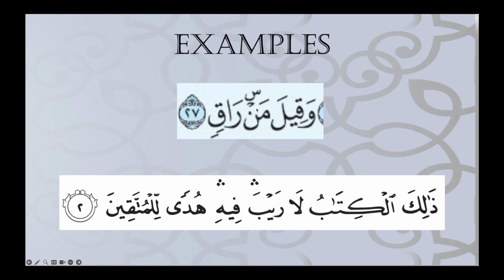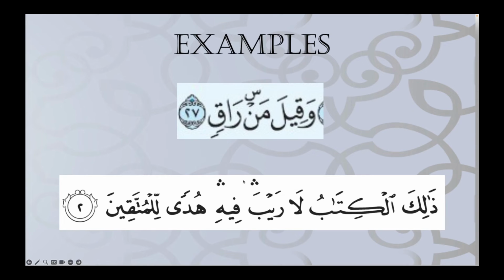Now notice, I stopped at man, but I did not take a breath. I said وَقِيلَ مَنْ رَاقٍ. So when you see this little scene indicating the sakta, you have to pause, don't take a breath, and continue. Just a short pause and continue.